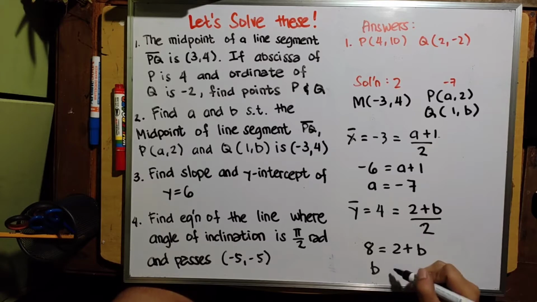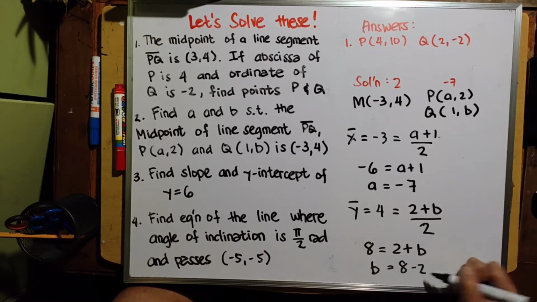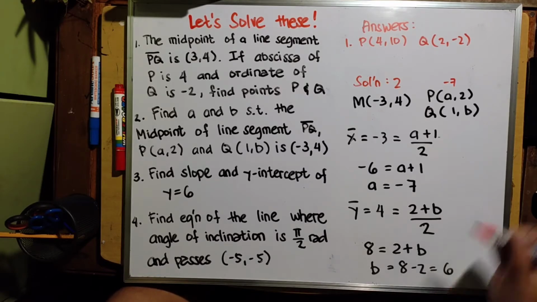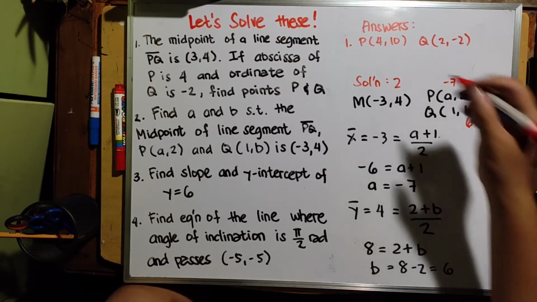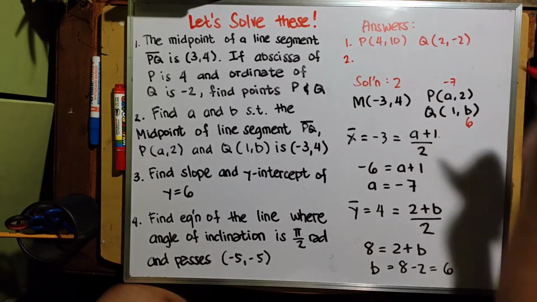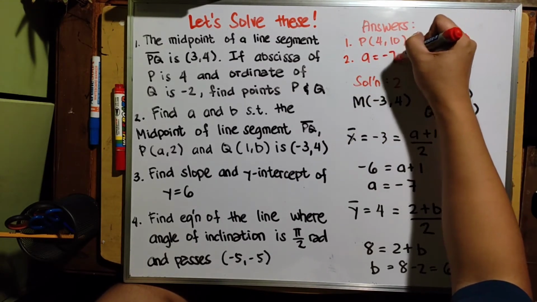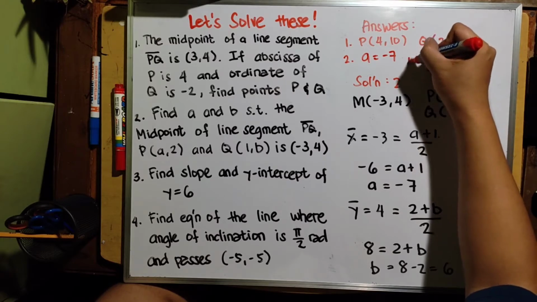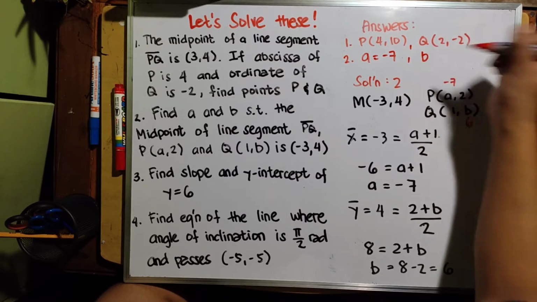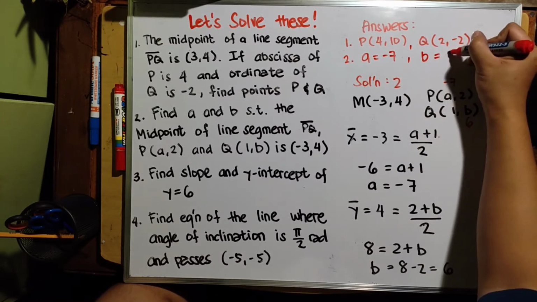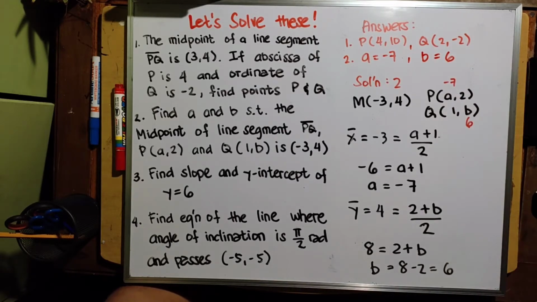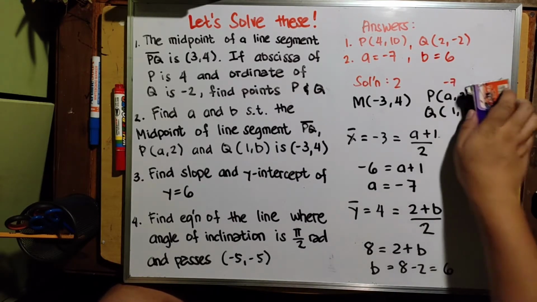Then, B is just 8 minus 2, which is 6. So, B is just positive 6. So, the answer for number 2 is A is negative 7 and B is positive 6. Okay. Now, let's erase this.